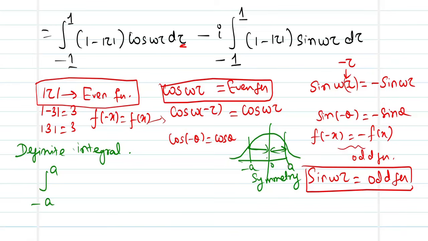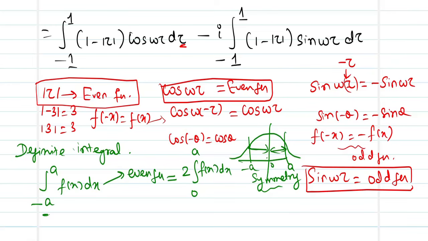The range minus a to plus a: from 0 to a, however much is present, if the same thing is present from 0 to minus a, you call it symmetry. So whenever the integral limits are the same, with one varying in the minus quantity and the other in the plus quantity, you call it a symmetric interval. For a symmetric interval, if you give f of x dx an even function as input, the integral becomes twice the integral from 0 to a of f of x dx.